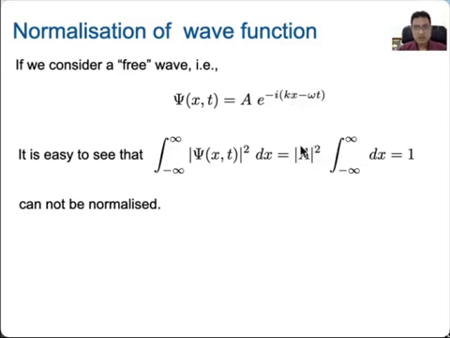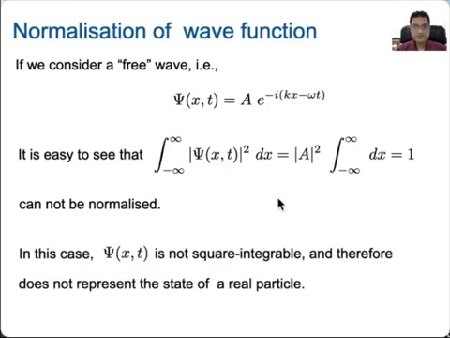So you are left with only mod A squared times the integral over dx, and this quantity is not going to give you any meaningful value. So this wave function is not normalizable, or we can call it not square integrable. So this wave function is not going to represent a state of a real particle.